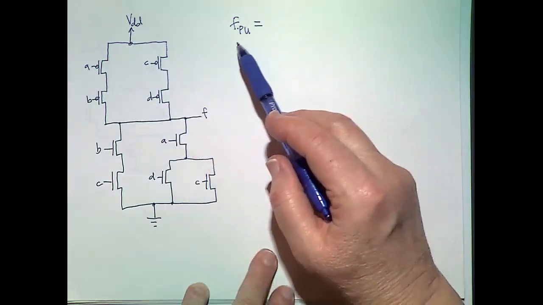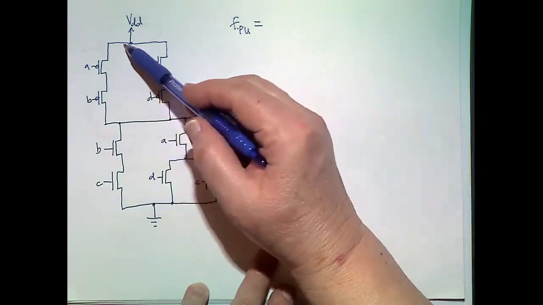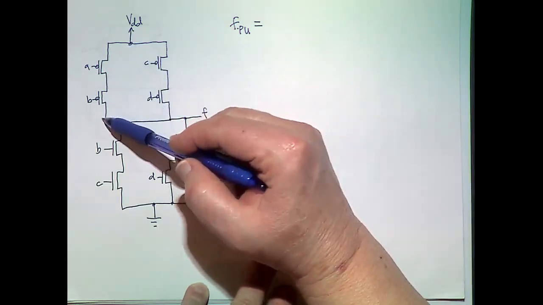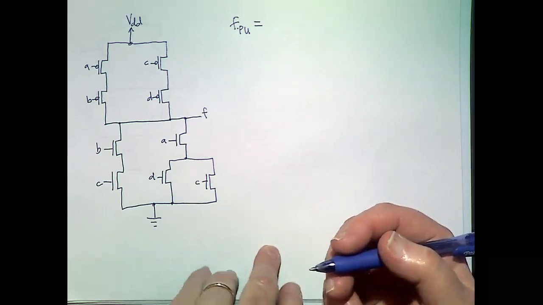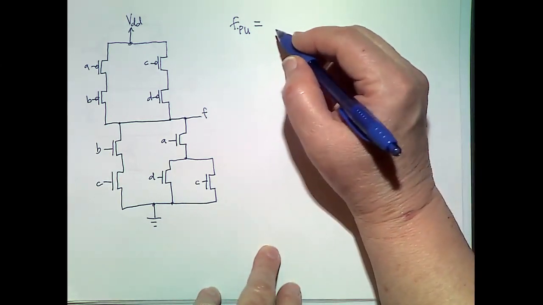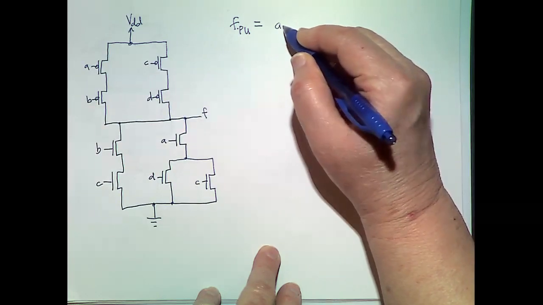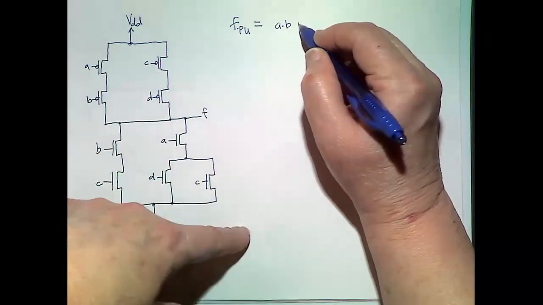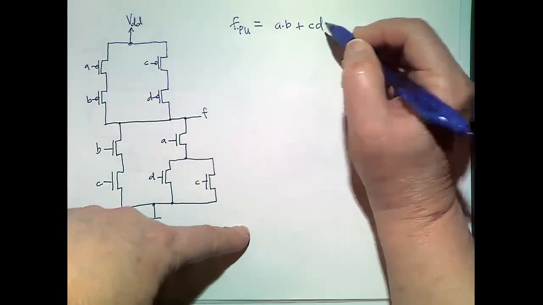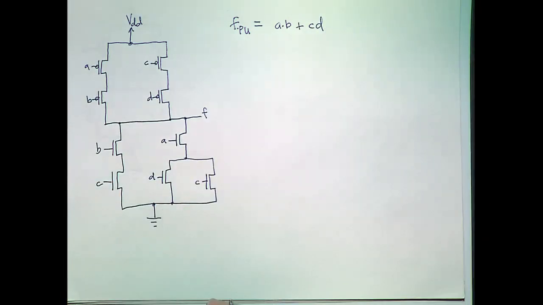What expression evaluates to 1 when there's a connection through these two transistors? Is this A and B or C and D? You think so? Both A and B, or C and D? Wait, you have a different take?